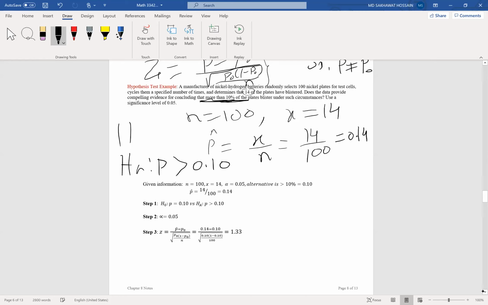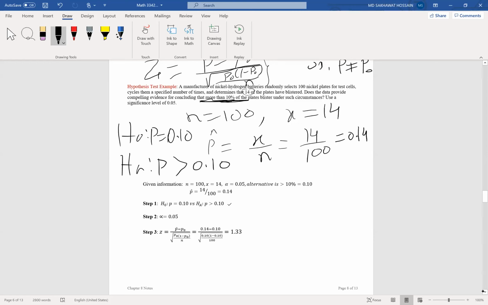So the null hypothesis will be P equals 0.10. So this is our null. The alternative is P greater than 0.10. Why do we want to test if P is greater than 0.10 in the first place?